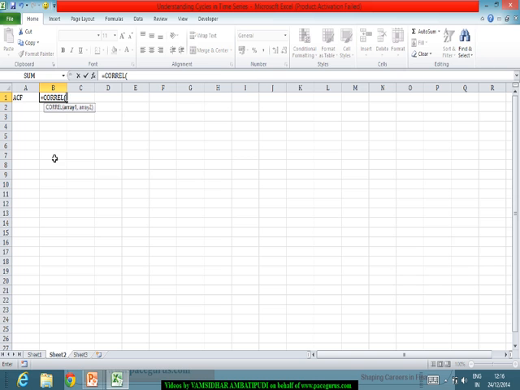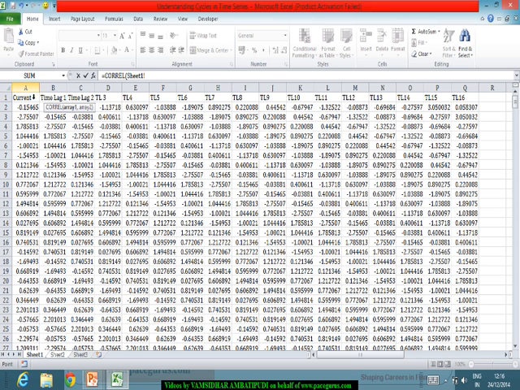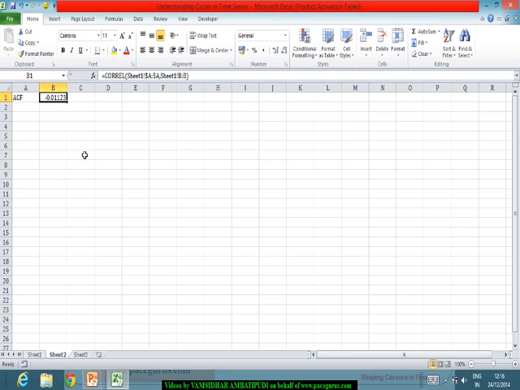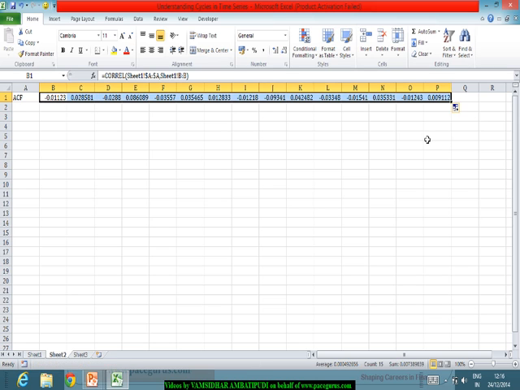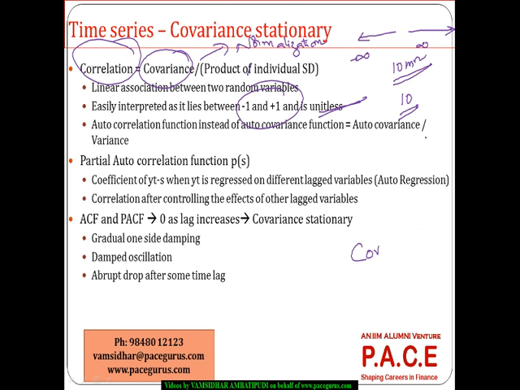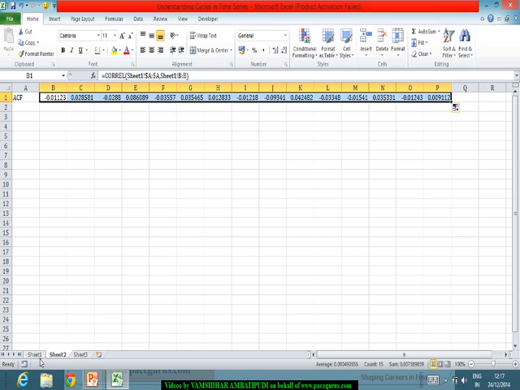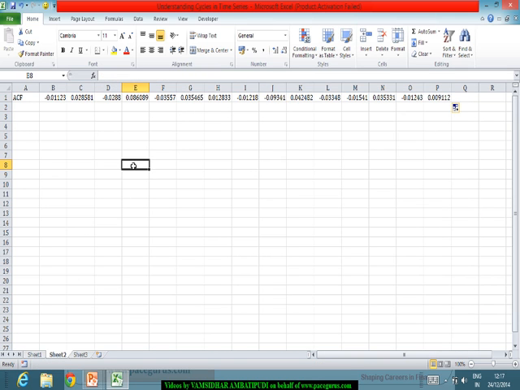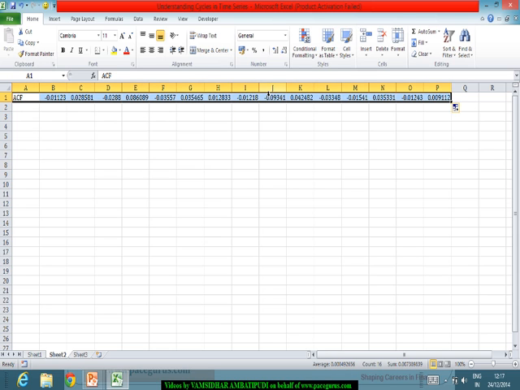So I'm looking at it as correlation between the current and the time lag 1. Coming out that the correlation is minus 0.01, and probably if I'm going up to 16, these are the kind of correlations that are getting generated. We have 16 time lags, and these are the autocorrelations that got generated.